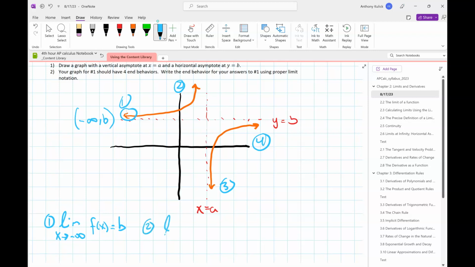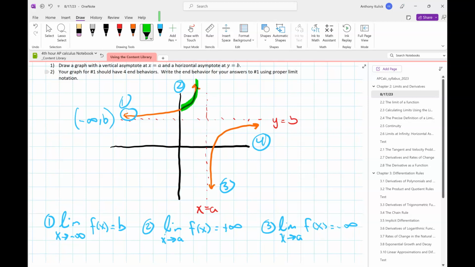For 2, we'd say the limit as x approaches a of f of x equals positive infinity. Likewise for 3, we would have written the limit as x approaches a of f of x equals negative infinity. But this is not quite right, because a value for x can't have two different y's, so we have to be a little more specific.